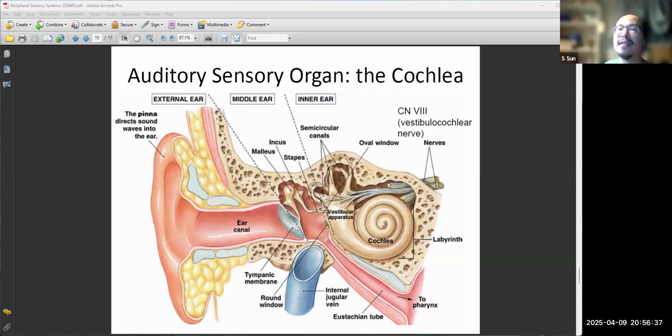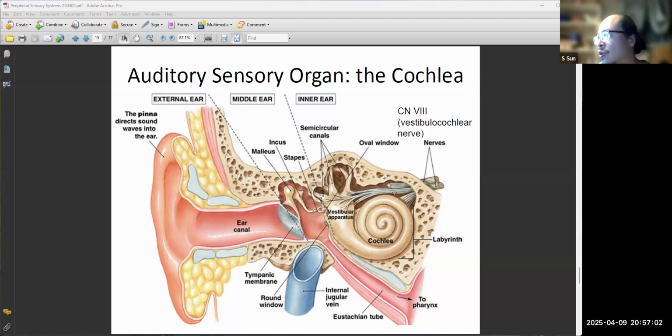Yeah, so it will detect any movement, either rotating to the front, rotating to the back, rotating inside. They will pick up those rotations. And then this gravity or body balance signal will be transduced through the vestibular nerve.